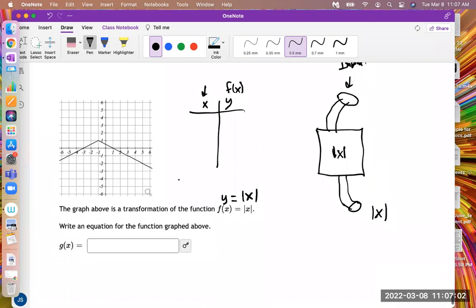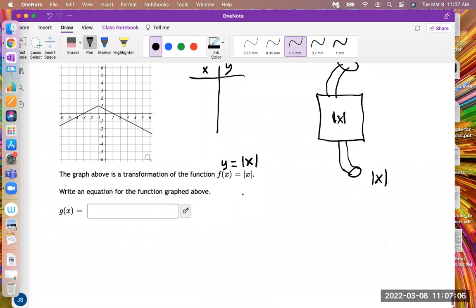Okay, so something is important. When a graph moves up and down, there's a vertical shift. Let me draw the function first. First, we have to remember what the original f of x equals the absolute value of x looks like.